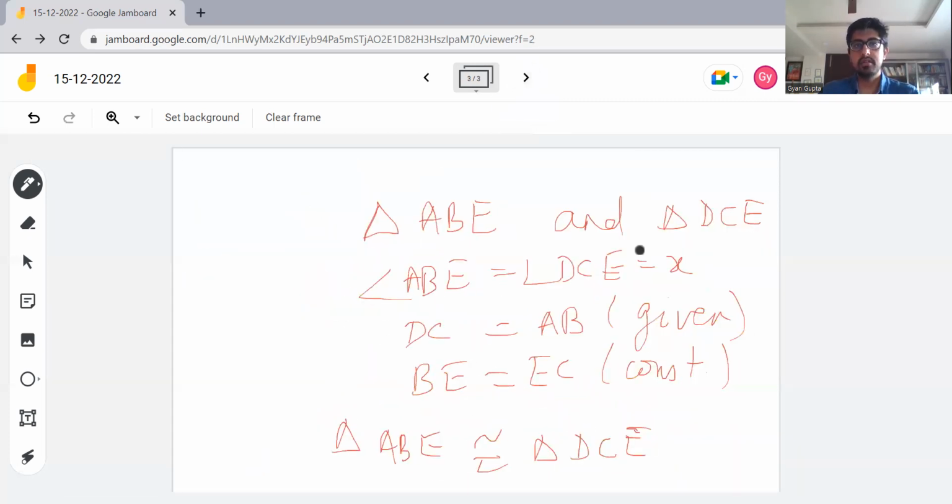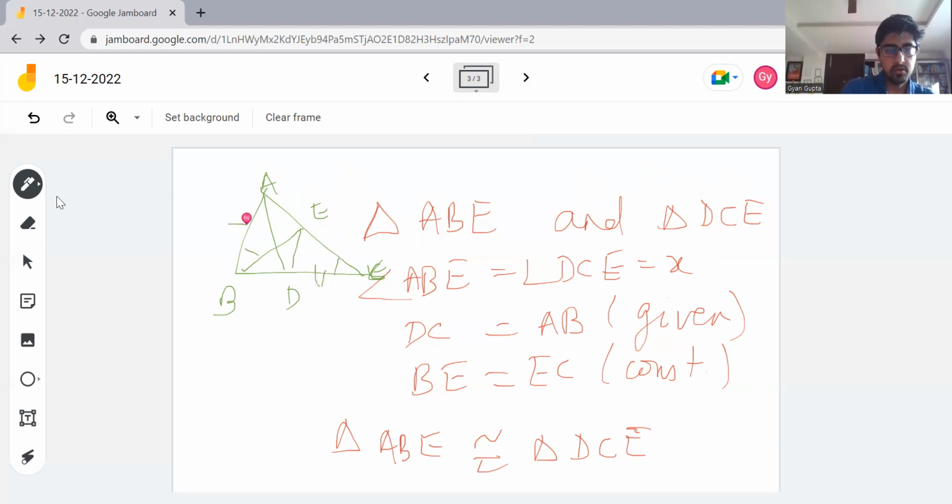So through this, what we get is this. Let me just draw a figure on the side for us to refer to anytime we want. This angle is equal to this angle, and we have shown this side is equal to this side.